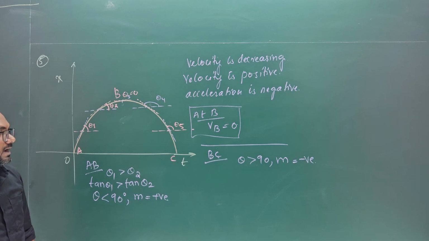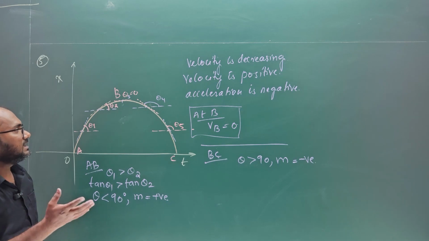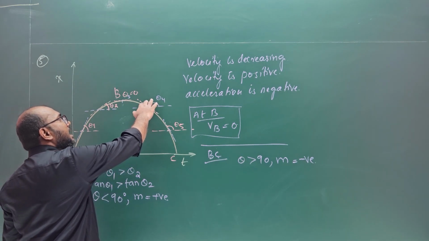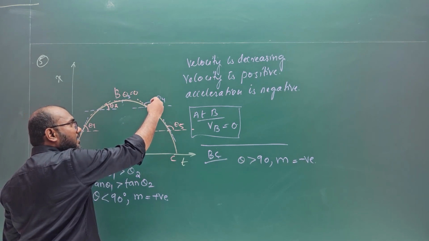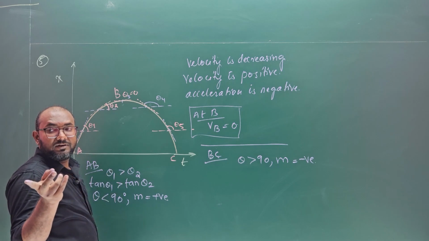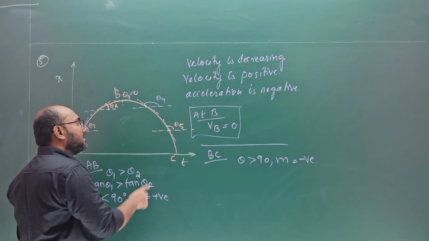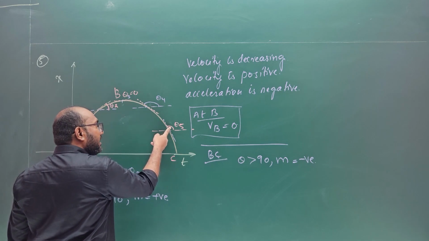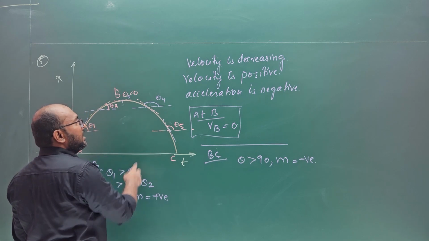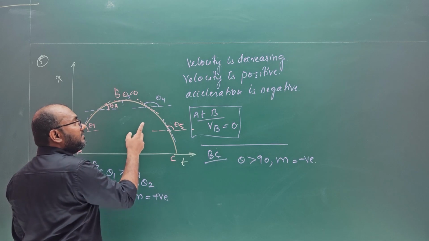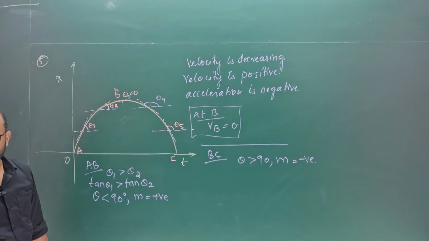For example, consider this one with an angle of 30 degrees, and this one with an angle of 45 degrees. Then we consider only the magnitudes. If we consider magnitude, being the smaller angle, it will have a greater value, and being the greater angle, it will have a smaller value.